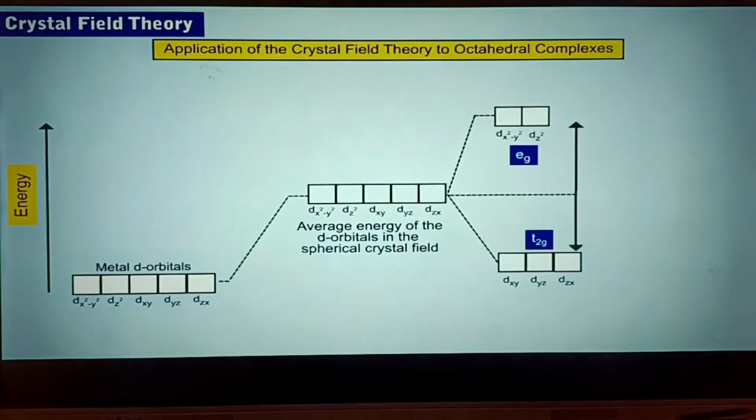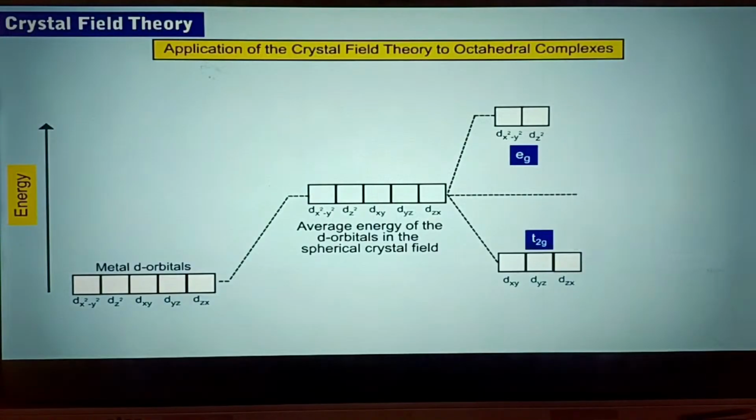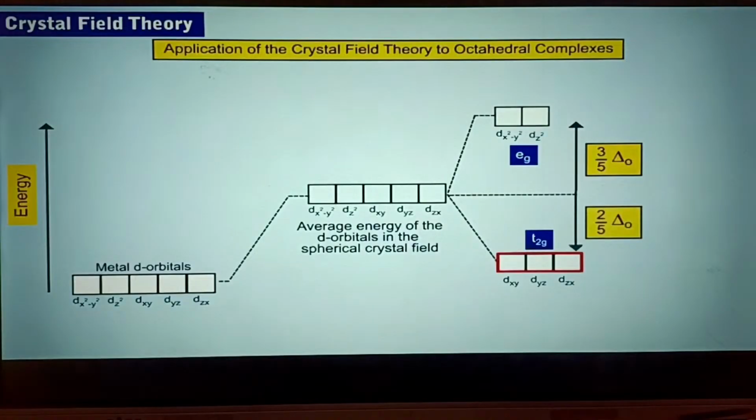The extent of splitting in energies is represented by the symbol delta O. The subscript O indicates octahedral geometry. Due to this splitting, the energy of the two Eg orbitals will increase by 3/5 of delta O, while that of the three T2g orbitals will decrease by 2/5 of delta O.